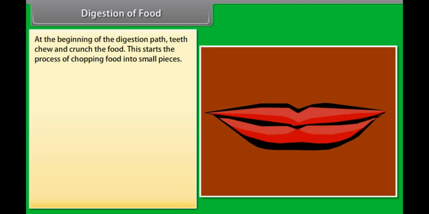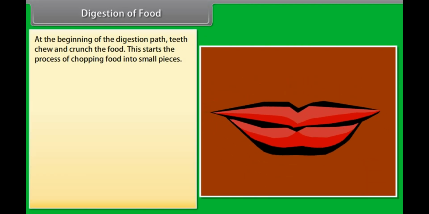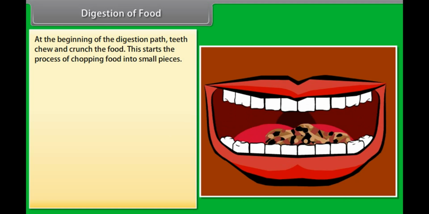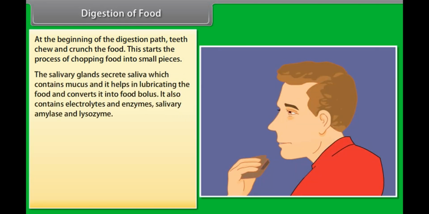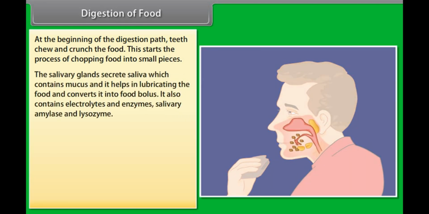Digestion of food. At the beginning of the digestion path, teeth chew and crunch the food. This starts the process of chopping food into small pieces. The salivary gland secretes saliva, which contains mucus that helps in lubricating the food and converts it into a food bolus.